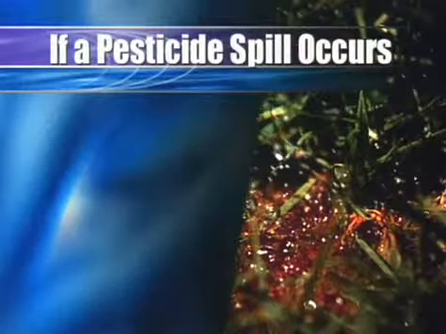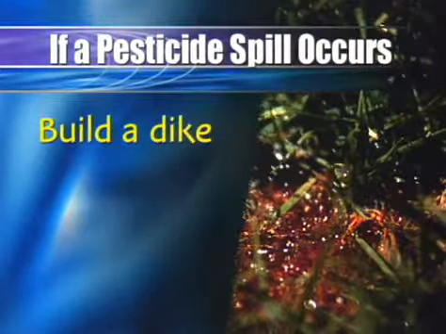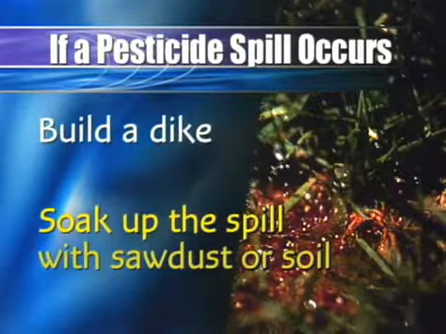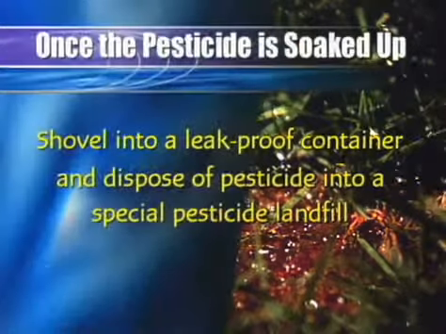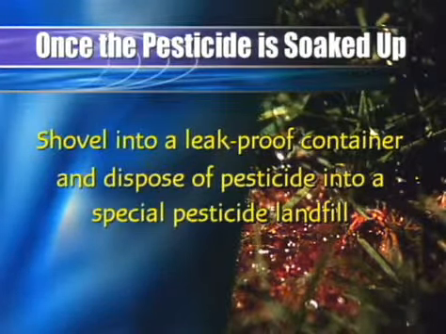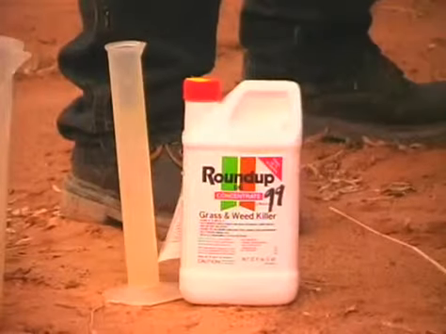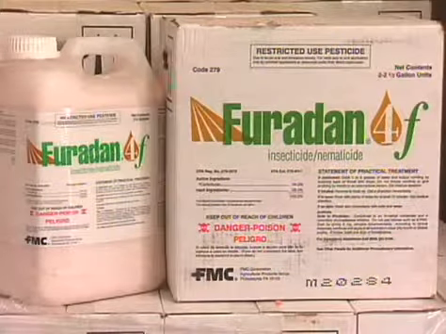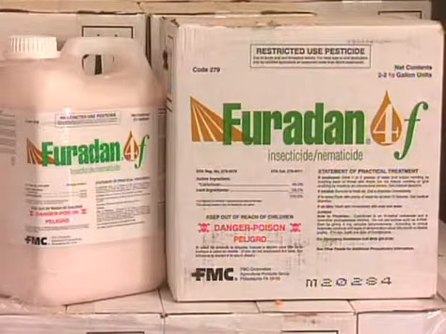If pesticides are spilled, confine the spill by building a dike, or by soaking up the spill with sawdust or soil. Once soaked up, shovel into a leak-proof container for disposal into a special pesticide landfill. Wash containers at least 3 times before disposal. All containers must be destroyed or buried after use.